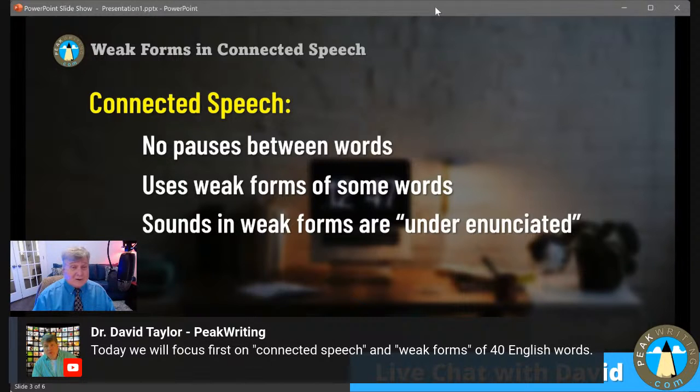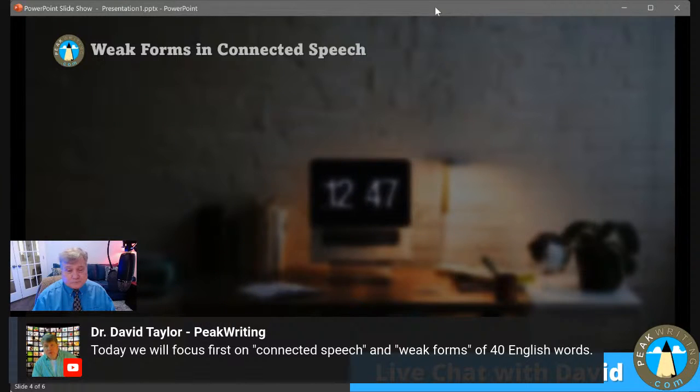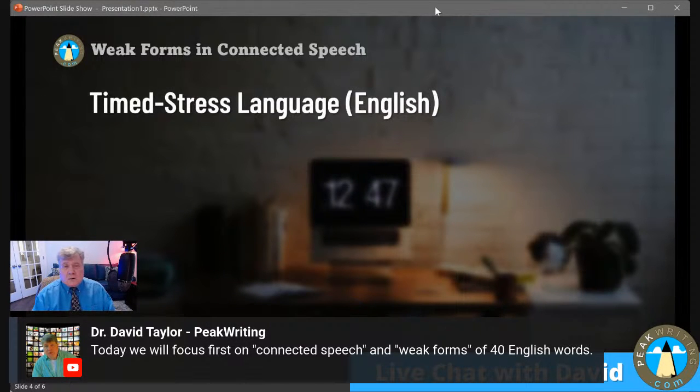Under-enunciated is just a polite term for sounds that are completely omitted from their strong counterparts, sounds that are changed, usually from long vowels to short vowels, and sounds that become blended together from two sounds to one. What causes these 40 weak forms and their pronunciations?